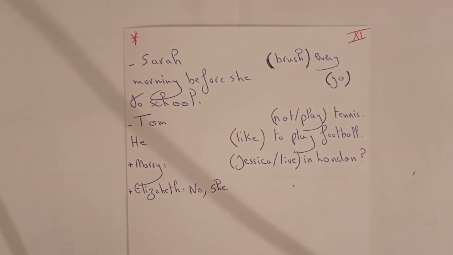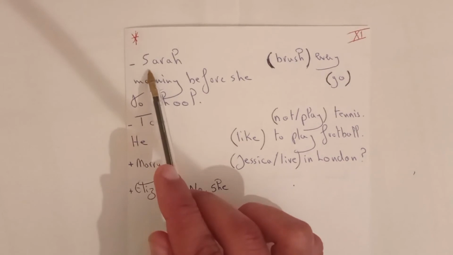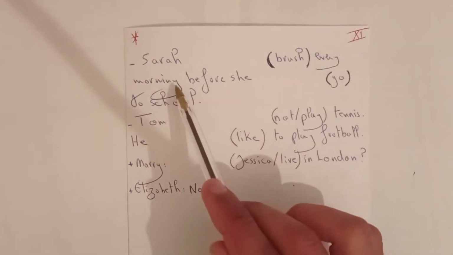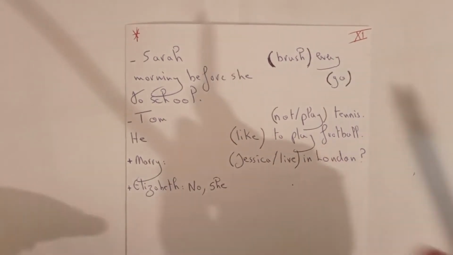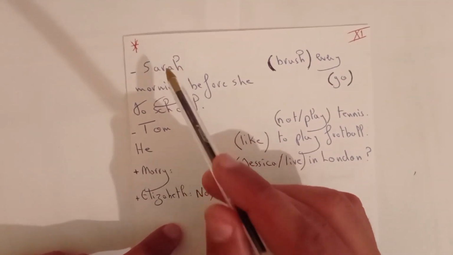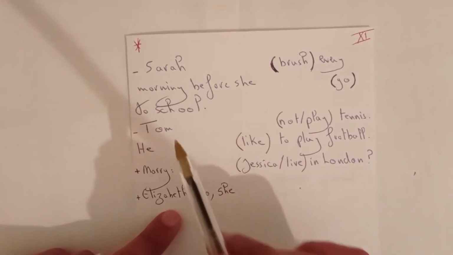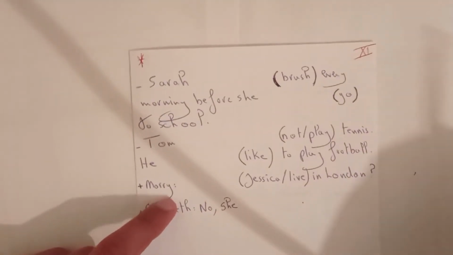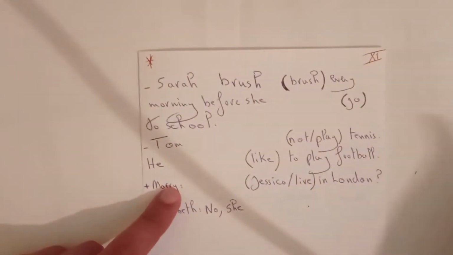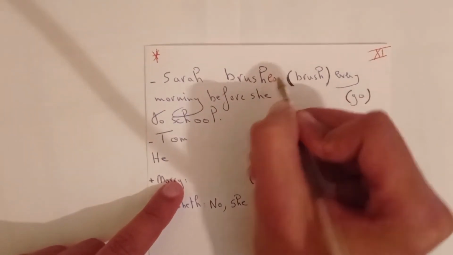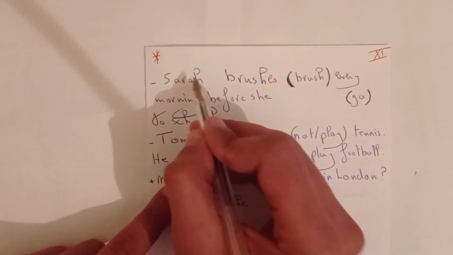Okay, what can we say about the first one? Sarah brush every morning before she go to school. Sarah, he, she, it. She, good. I brush, you brush, he, she, it brushes. Brushes. Es. Why? She. Sarah brushes.